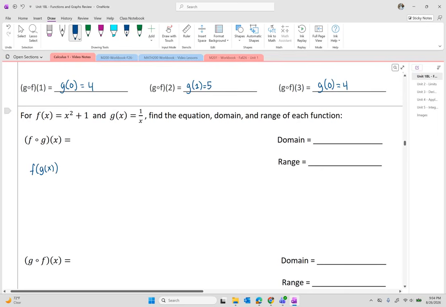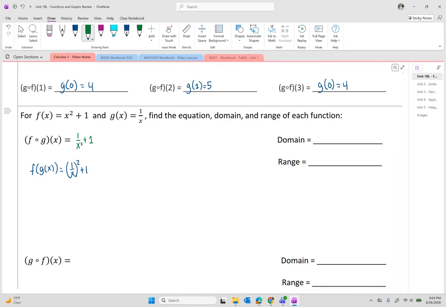That will be the equation of f with g of x in the place of x. So (1 over x) squared plus 1, which is equal to 1 over x squared plus 1.